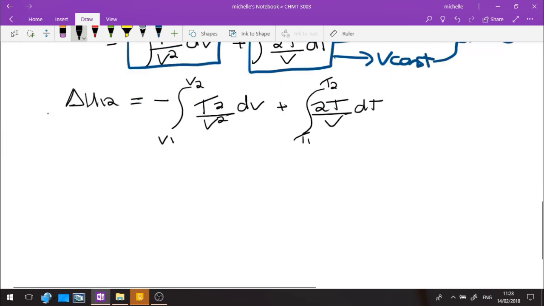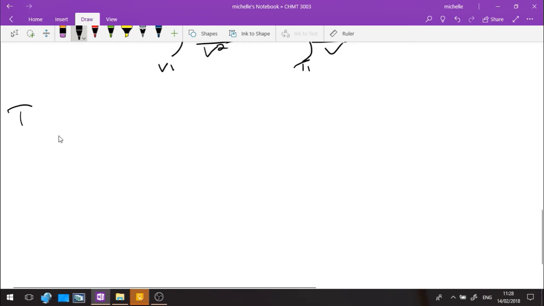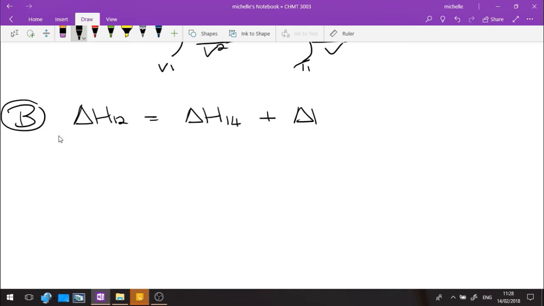But wait a minute, what about b? Oh, b is quite similar. I can use the universal equation, equation 2, but like b, h12 was equal to delta h, 1 goes to 4, plus delta h, 1 goes to 4 goes to 2.